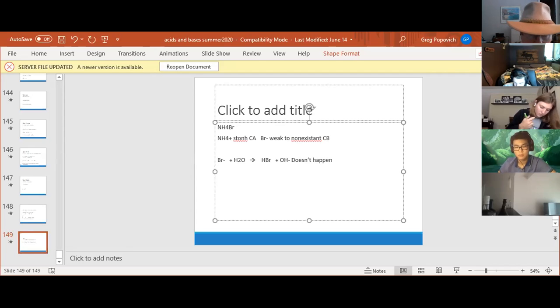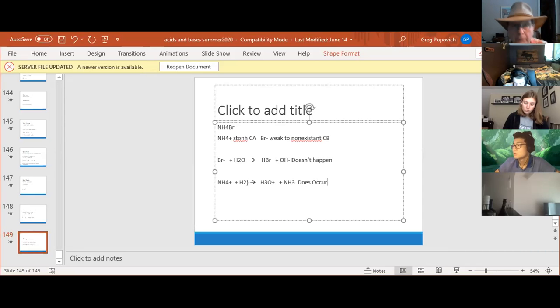On the other hand, my NH4 plus plus water makes H3O plus and NH3. This does occur.